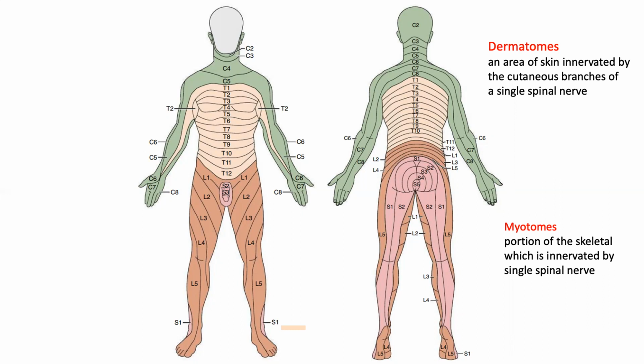So a dermatome is for sensation by a particular level spinal nerve. A myotome is the skeletal muscle supply coming from a single spinal nerve.